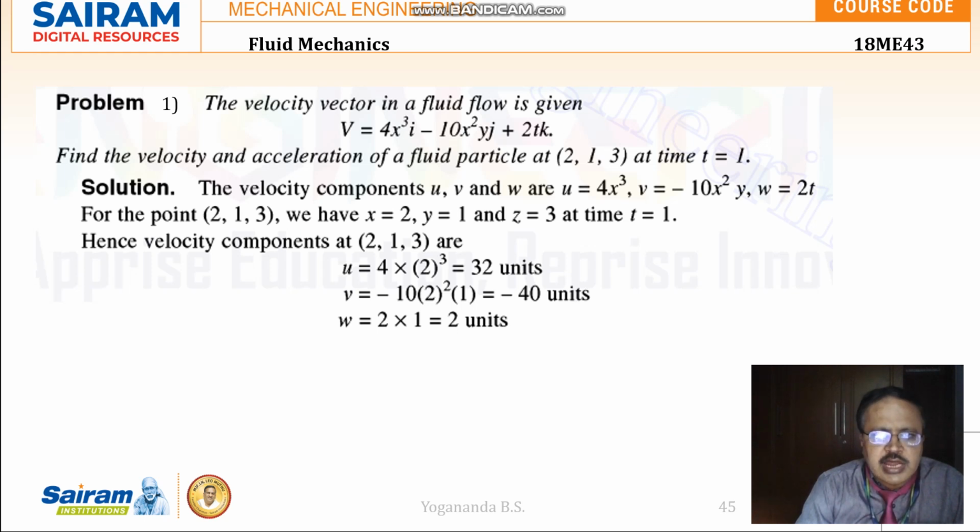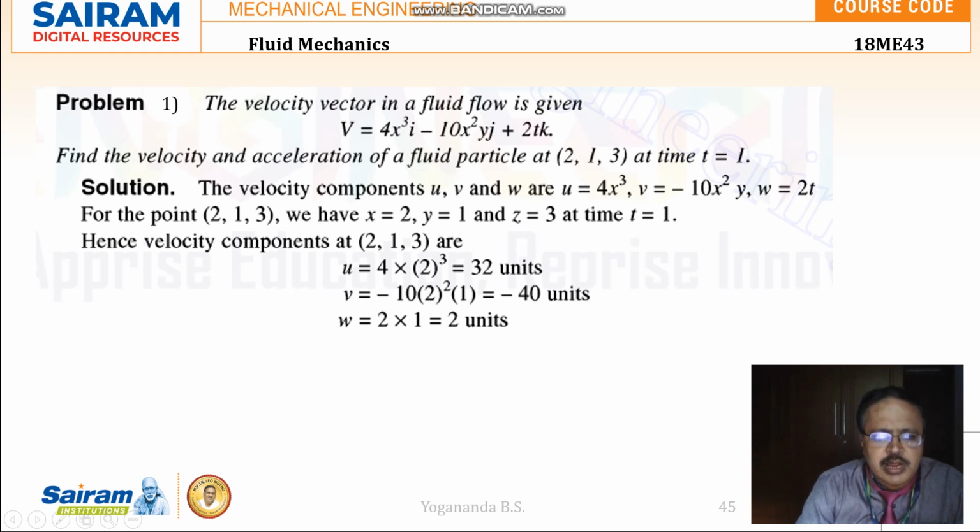So using that I can write my u as 4x cube, and v is nothing but minus 10x square y. So this is vj, so v is minus 10x square y. Then wk, so w is 2t. So we have the velocity components u, v and w.